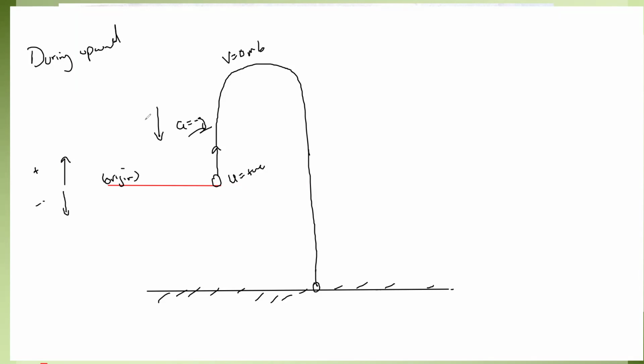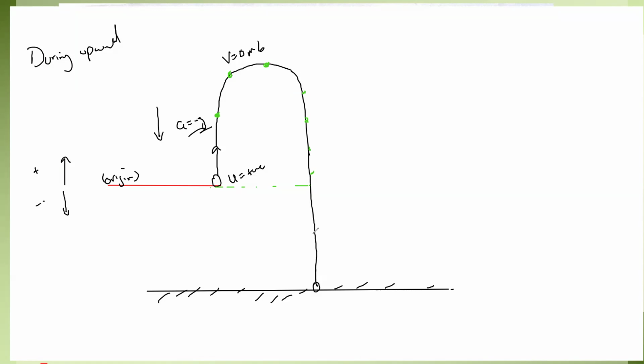That's why I'm taking acceleration as negative. During the particle's upward motion, the velocity is positive, and any displacement above the origin, wherever the object is above it, I will consider as a positive displacement.